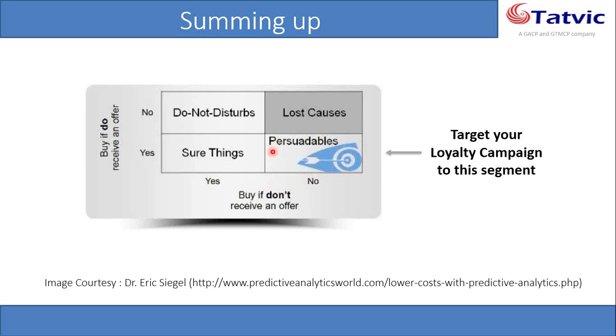Of course, this would require us to segment or find the delineation between this segment here and this segment here. And the focus of today's webinar is on using predictive analytics to segment customers on some key characteristics.